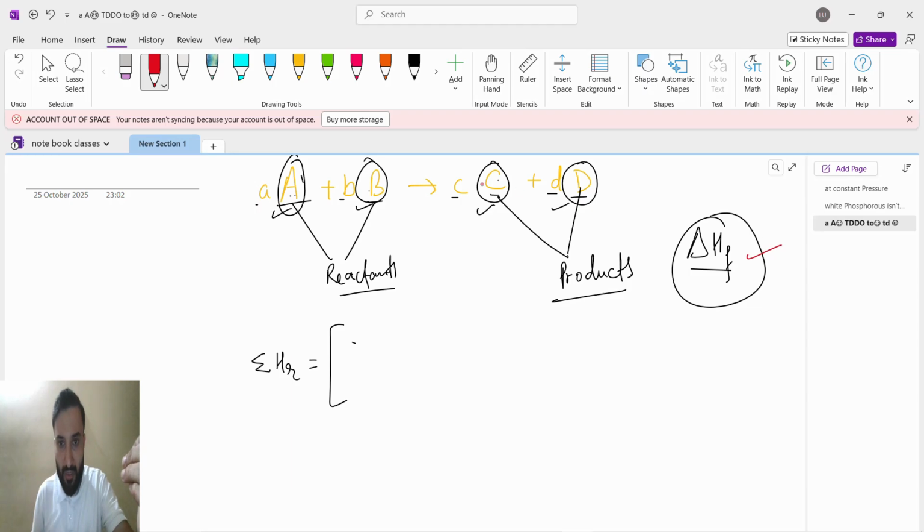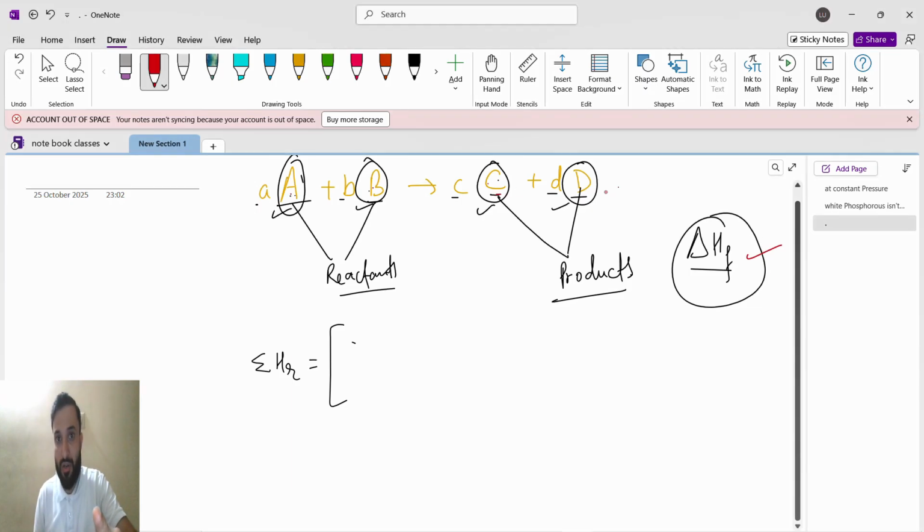The enthalpy of formation for the reactants and for the products will be given in the question. But suppose any product or reactant whose enthalpy of formation is not given in the question, we will assume it as 0.